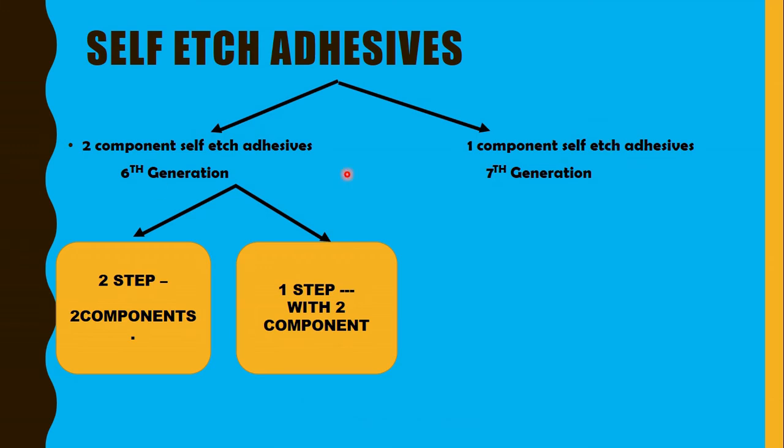So the self-etch adhesives are classified as two component self-etch adhesive in the 6th generation and a one component self-etch adhesive in the 7th generation. In the 6th generation, these are further classified as a two-step, two component, and one step with two component.